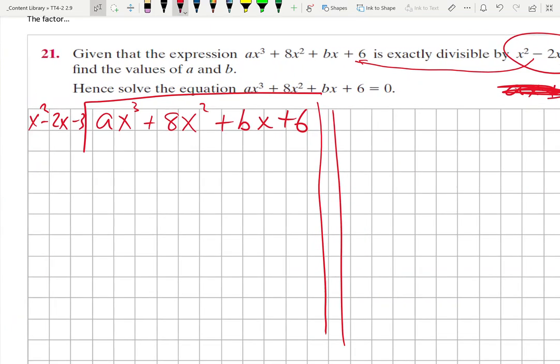So x squared into x cubed is ax. I won't bother with the first bit because I know it's going to go. So I'll take the second bit, which is minus 2ax squared. Okay, and I'll add them. And I'll get 8 plus 2a x squared here. And I'll divide x squared into that.